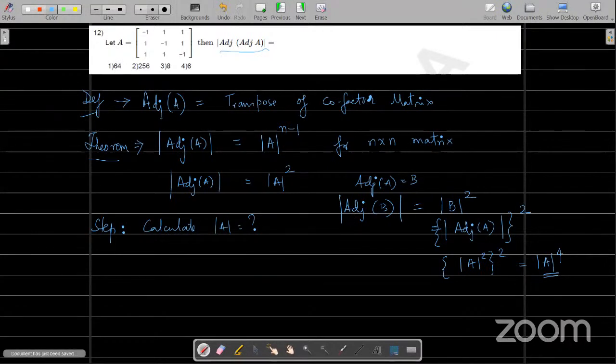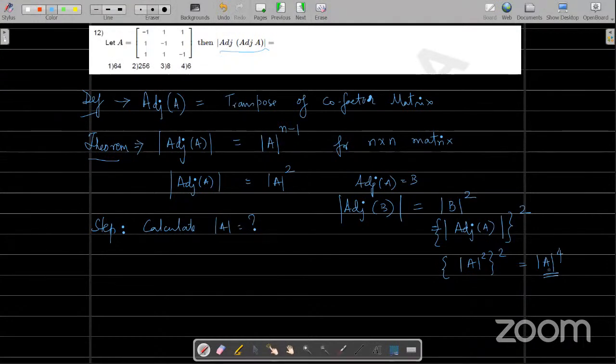So if you look at 2 power 4, it is 16, and 4 power 4, because these are numbers, right? If you want to do a guesswork, you will see that 2 power 4 is 16, that is not there.